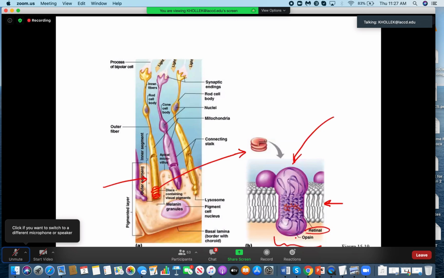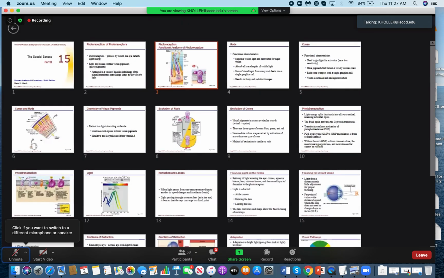Two different things happen. When it's dark, this opsin and retinol are pretty much connected together, so you have rhodopsin. However, when the light comes in, it changes the conformation of the retinol and it no longer has the same shape. That changing shape is going to cause a lot of changes.